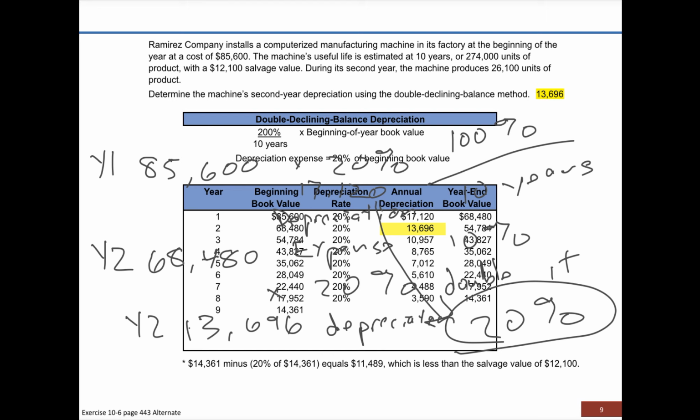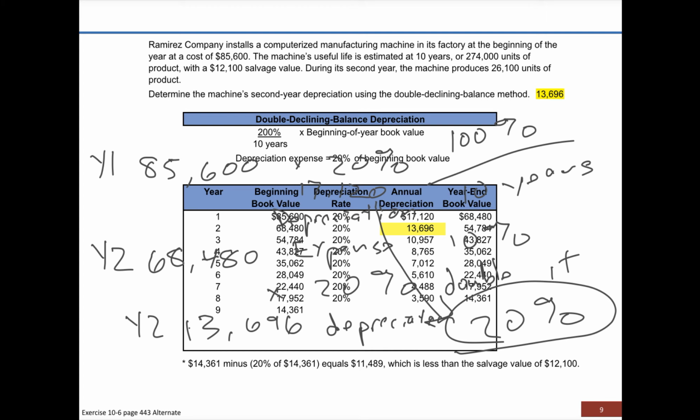This is what I said at the very last year. If you do the 20%, you will end up with a book value that ends up being less than what your salvage value is, which means you would have gone too far into your depreciation.